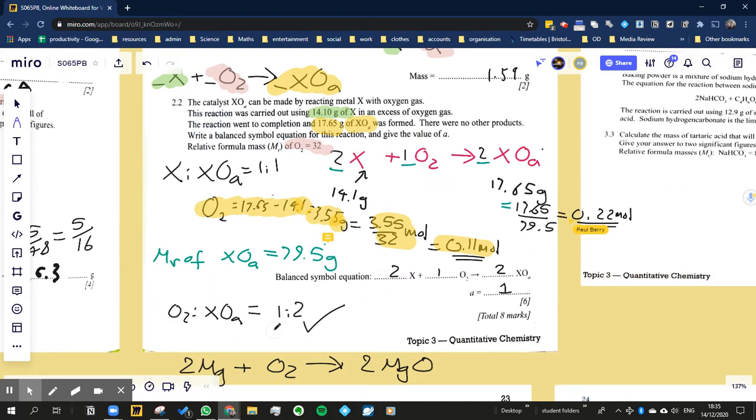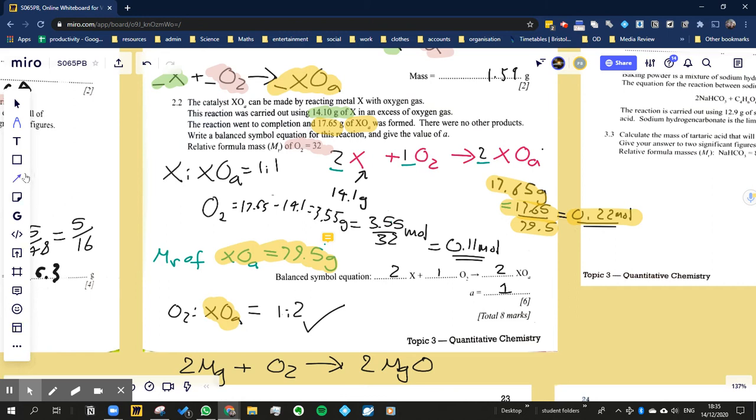That gives 0.2 moles, the mass as a fraction of the 79.5 grams molar mass.